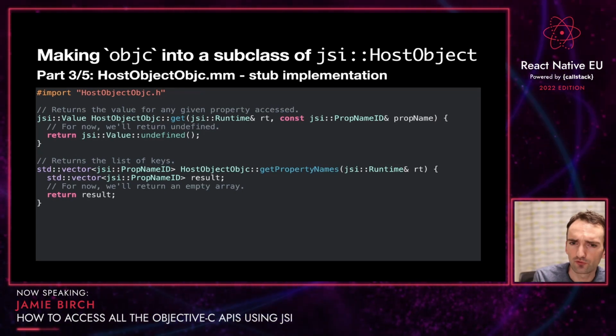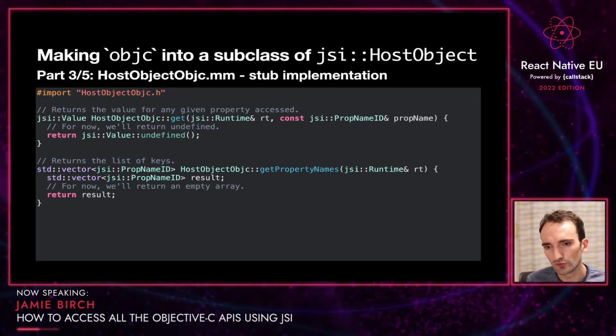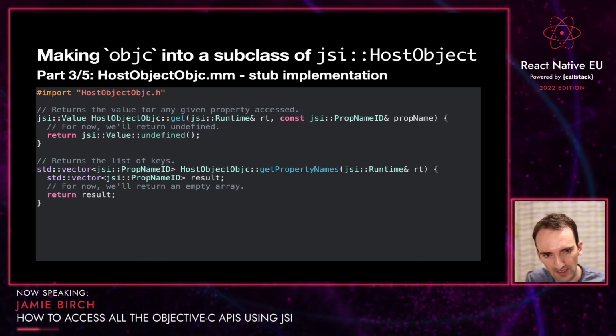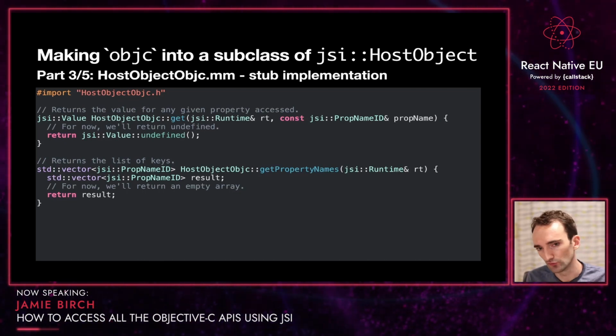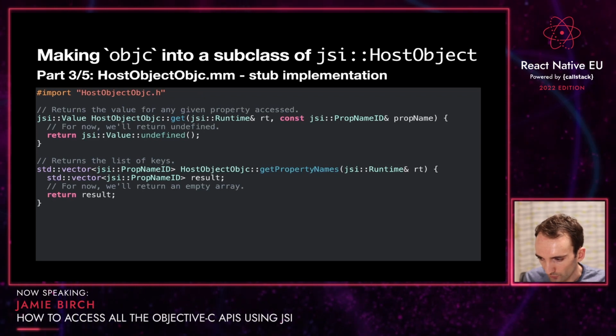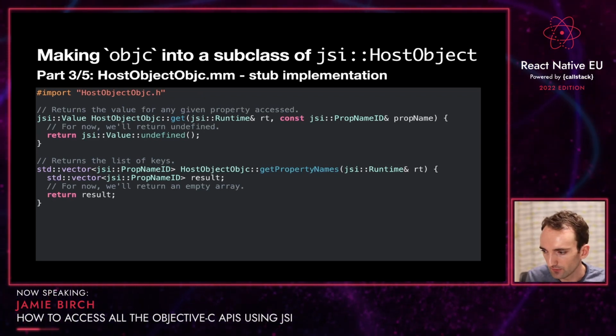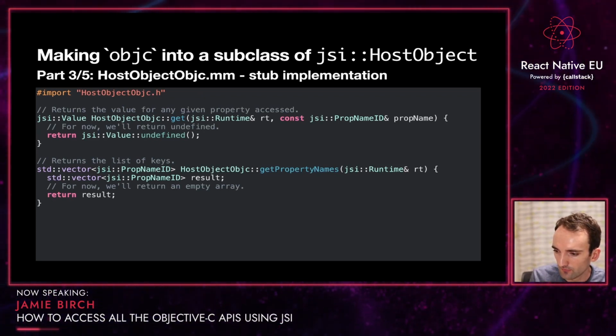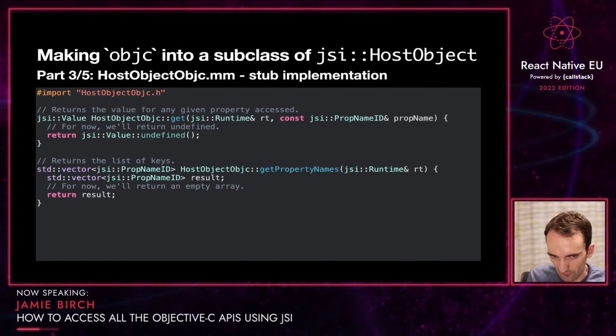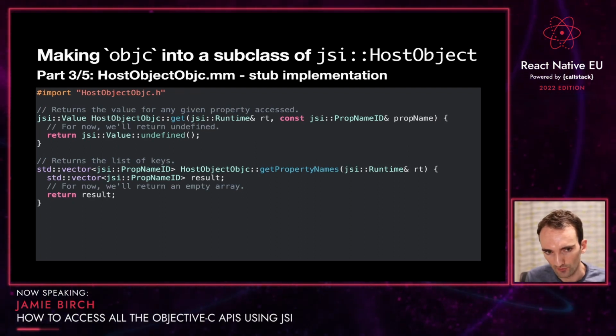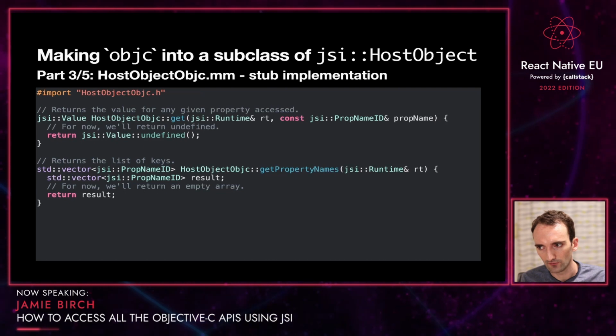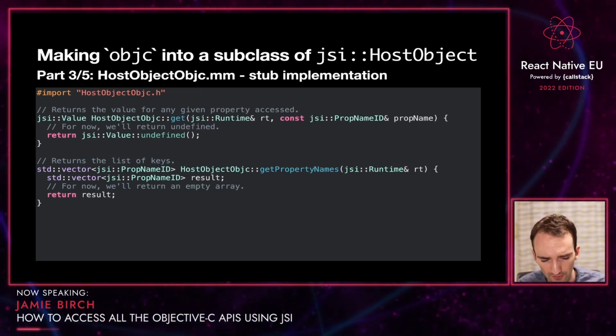Maybe I do global.objc.toString, and then the word toString will come in as a prop name, and we've got to decide what to do with that. But not just toString, maybe they're asking for UIView, and we've got to grab a UIView. So all sorts of things. And for now we'll just return undefined.